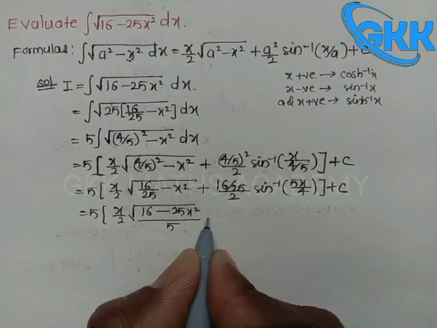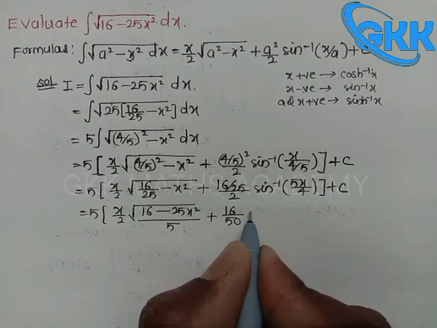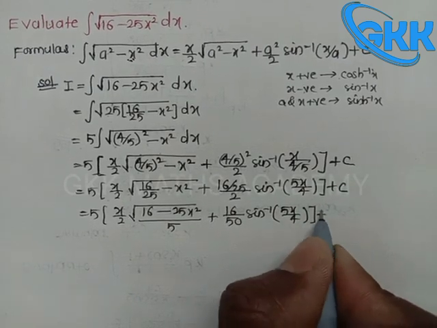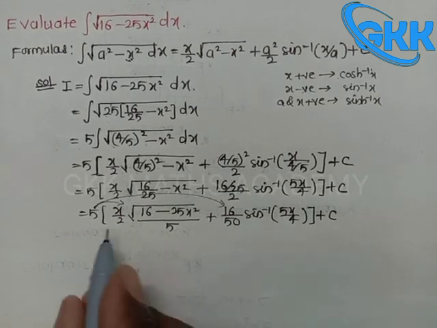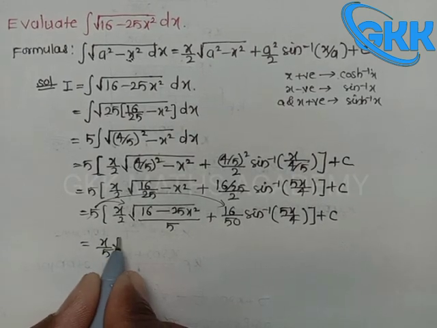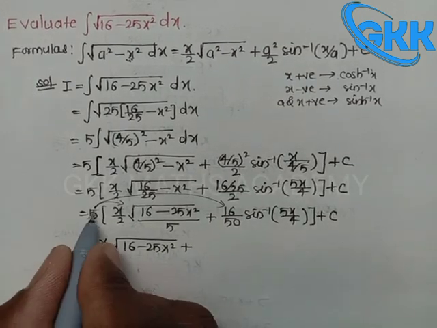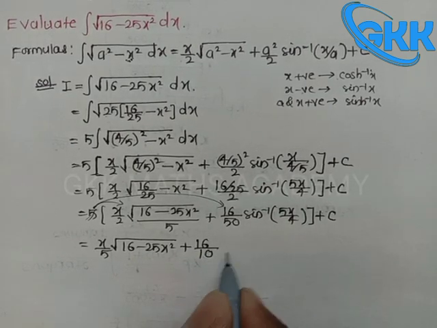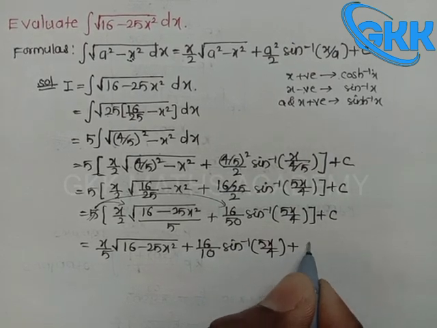Now multiply this 5 with each term in the bracket. Then we get x upon 2, the 5 cancelled, square root of 16 minus 25x square, plus 5 times 16 upon 25 times 2, so 16 upon 10, sine inverse 5x upon 4, plus c.